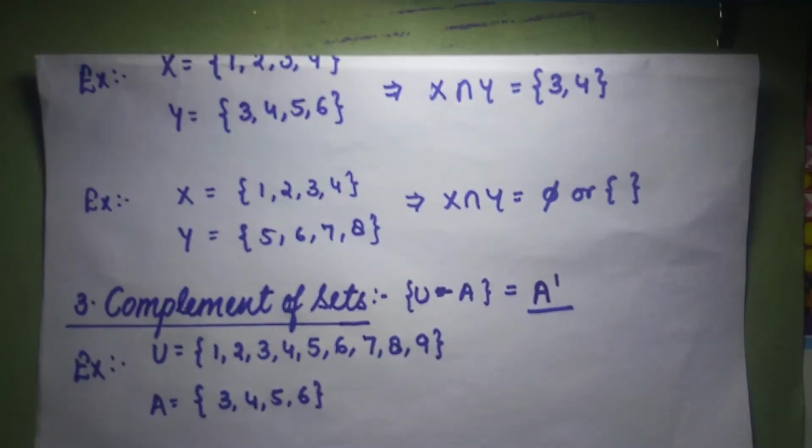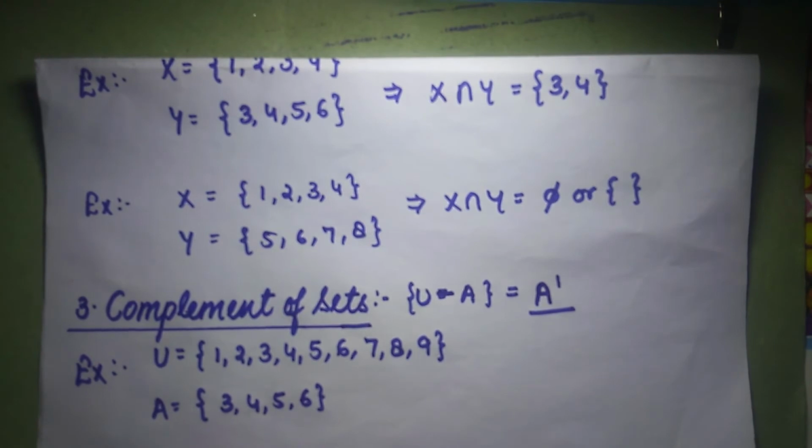So we understand it by an example. I write the universal set U equal to 1, 2, 3, 4, 5, 6, 7, 8, and 9, and a normal set A equal to 3, 4, 5, 6. What is the complement of set A?